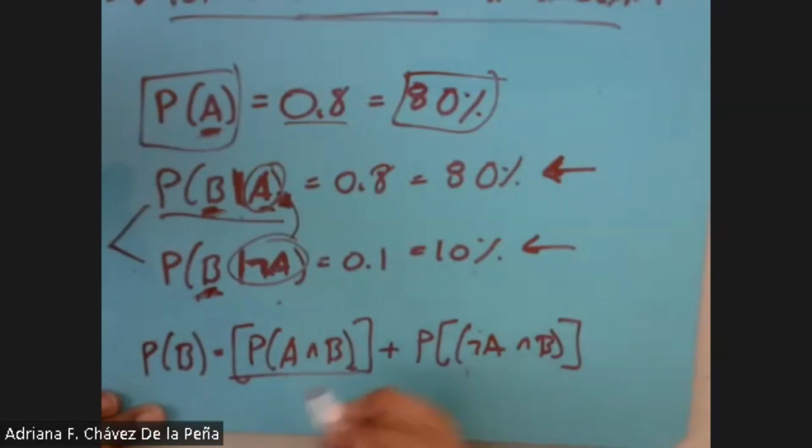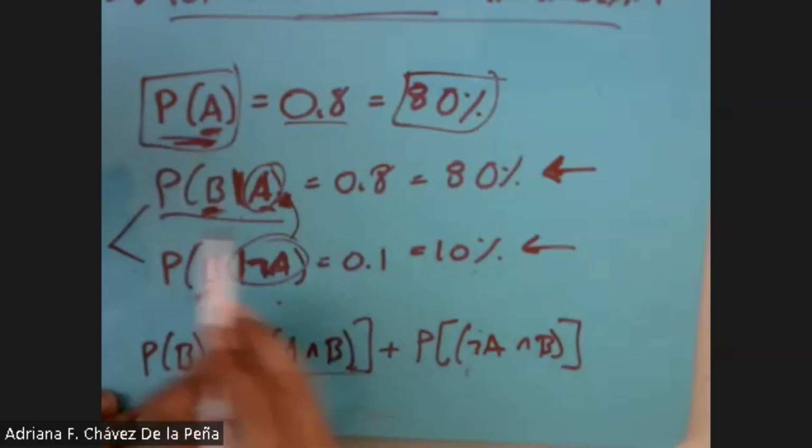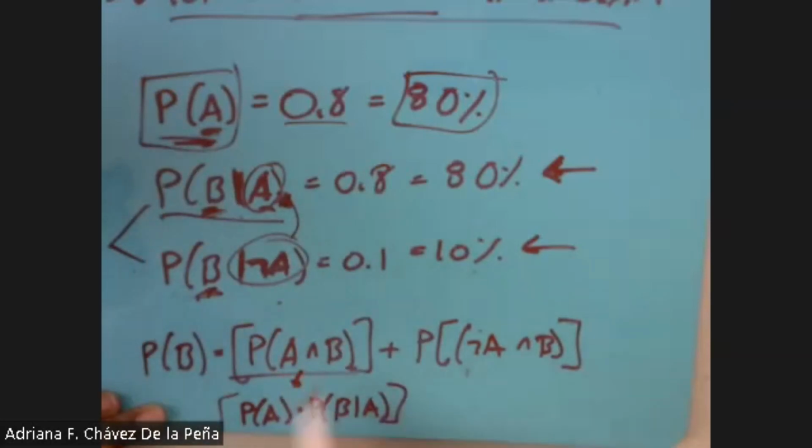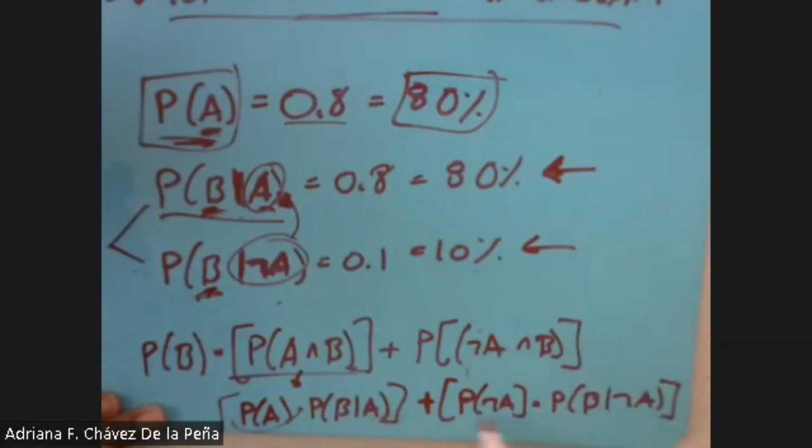From what I know about the product rule, I can safely substitute this into the pieces of information that I already have, because of the problem setup. And then I'm going to add the joint probability of the call not being a robocall and it still being a scam as, again, the product of the marginal probability of the call not being a robocall times the probability of the call being a scam when it is not a robocall.